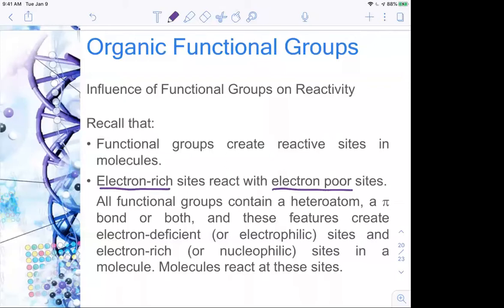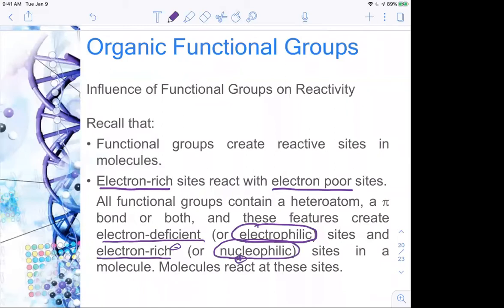Those features, as we discussed, are going to create something that's electron deficient, which is called electrophilic. It doesn't have electrons, it's electron loving. Or something that's electron rich, this is nucleophile loving. So this is very negative, right? It wants a positive, which is a nucleophile. Molecules react at these sites.